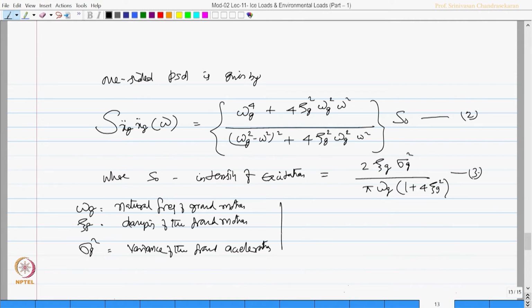So, these three are important parameters of Kanai-Tajimi spectrum. So, Kanai-Tajimi spectrum is a 3 parameter spectrum.